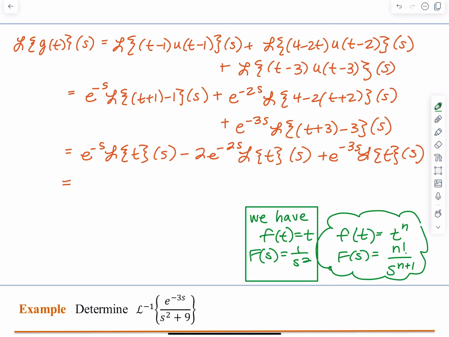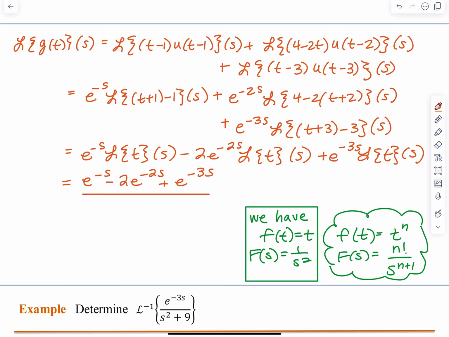So we now have that that's equal to e to the negative s minus 2e to the negative 2s plus e to the negative 3s, all over s squared.